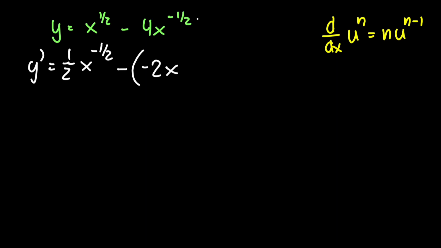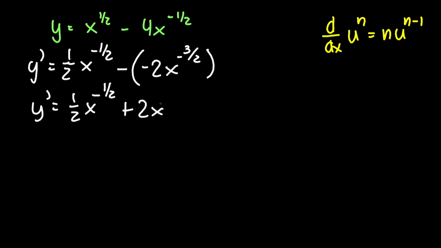X to the power of negative 1/2 minus 1 would be equal to negative 3 over 2. Simplifying your final answer, it would be equal to 1/2 x to the power of negative 1 over 2 plus 2x to the power of negative 3 over 2.